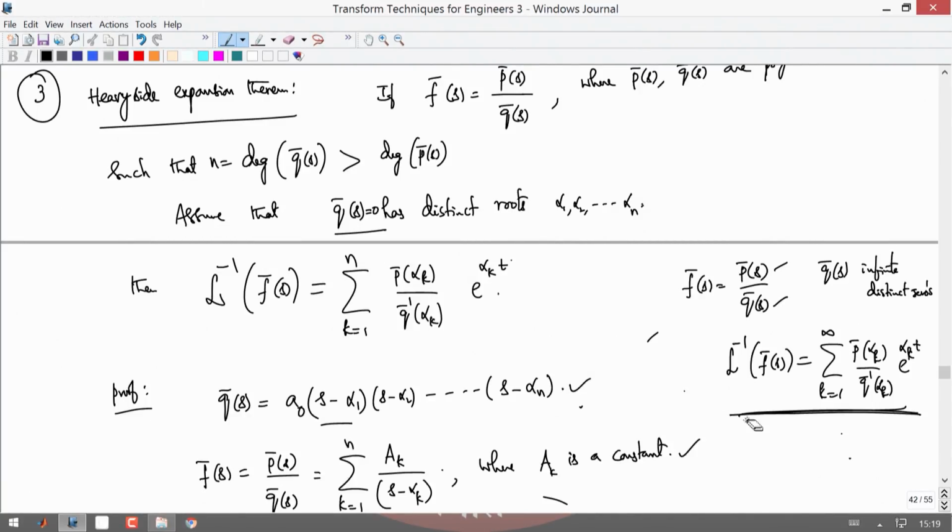You can show that it is actually this by a more general way of getting the Laplace inversion, that is, by the actual definition of the inverse Laplace transform of f bar of s, by contour integration: 1 by 2 pi i times the integral from c minus i infinity to c plus i infinity of f bar of s times e power s t ds.